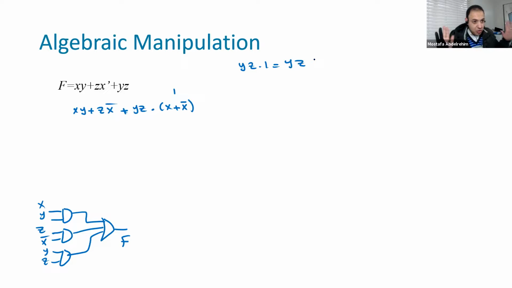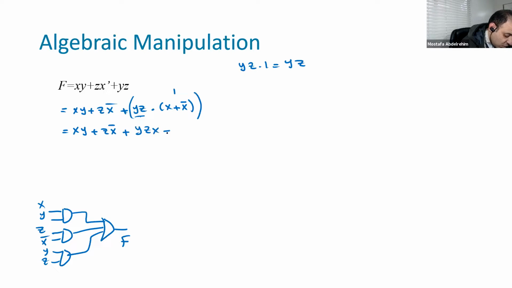So we don't affect the function. We just AND one of the terms with 1. So this equals xy or zx bar, then we distribute yz over this bracket. So this will be yzx or yzx bar.